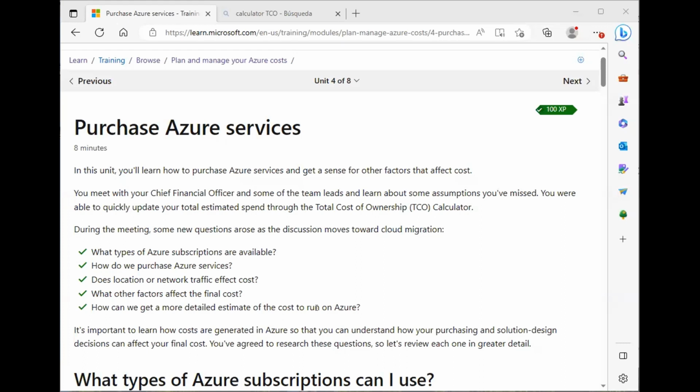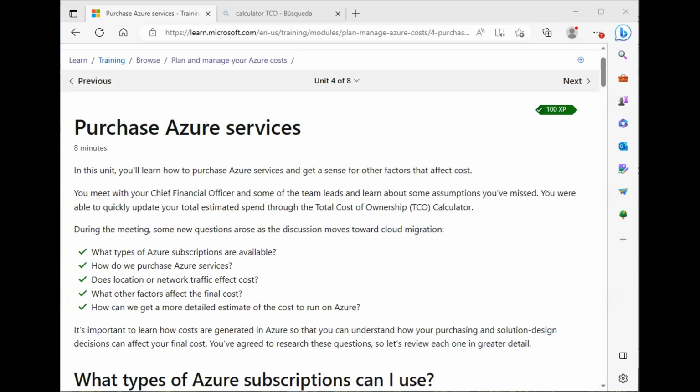You were able to quickly update your total estimated spend through the total cost of ownership, TCO, calculator.